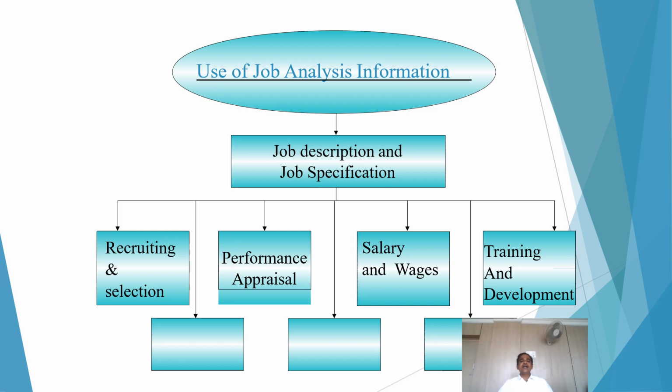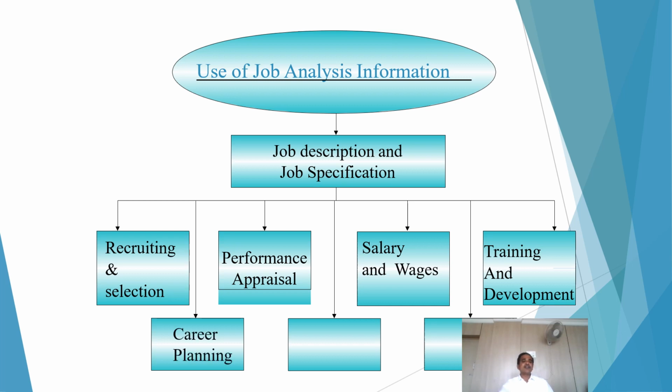As I told you earlier, the role description and the quality required for the incumbent to perform that role are needed for training need analysis. Then only we can identify a gap. After identifying the gap only can we go for training or development planning.